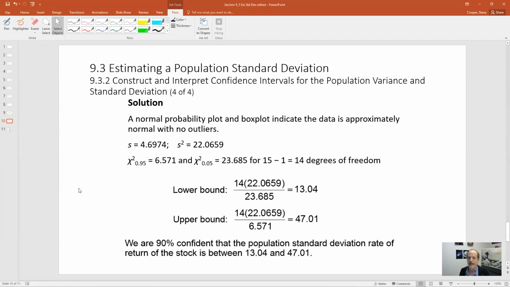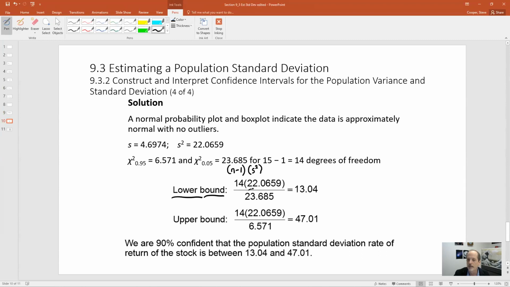Okay. Now remember that for the calculation, this part here, this is our lower bound. Here's our n minus 1. Okay, and this here is going to be s squared.